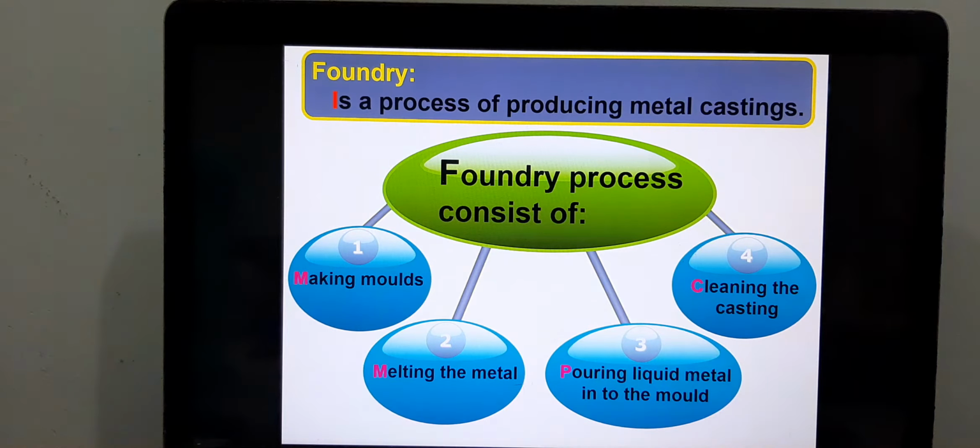First of all, making molds. You need to make a mold in order for you to pour in the liquid metal. Just imagine yourself at home trying to make jelly. How do you make jelly? First of all, you need to melt the jelly, you add some coloring, you add sugar, and you pour it into individual molds.